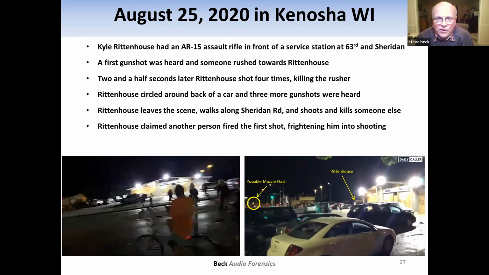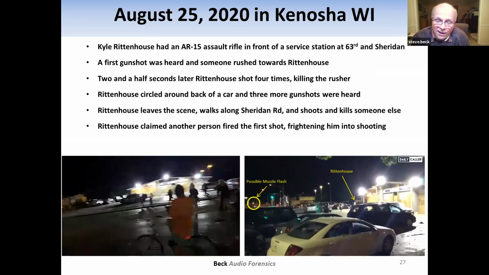About 2.5 seconds later, he turned and shot 4 times, killing the rusher. He circled around the back of the car and more gunshots could be heard. He finally left the scene and walked along Sheridan, and he shoots and kills somebody else. So there's a lot of stuff going on here.